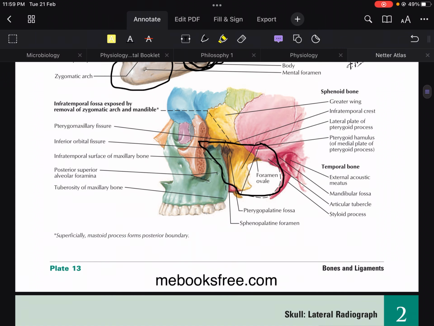Okay, then we reach this part, the infratemporal fossa. This part is very important because the most important artery, nerve, and vein are located here. And in this part, we have different types of branches, for example, for the artery, that are very important in dentistry. That's why here is very important for us.